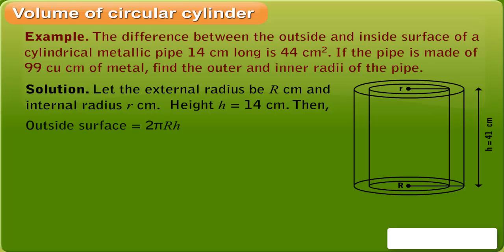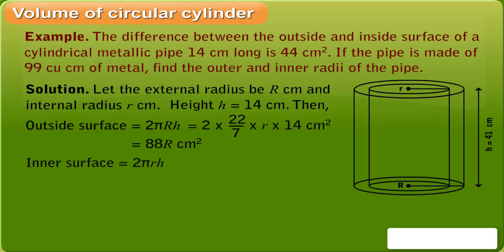Then, outside surface is equal to 2 pi capital R H, which is equal to 2 into 22 by 7 into capital R into 14 centimeters square. On calculation, this comes as 88 capital R centimeters square. Inner surface is equal to 2 pi small r h, which is equal to 2 into 22 by 7 into small r into 14 centimeters square, which is equal to 88 small r centimeters square.